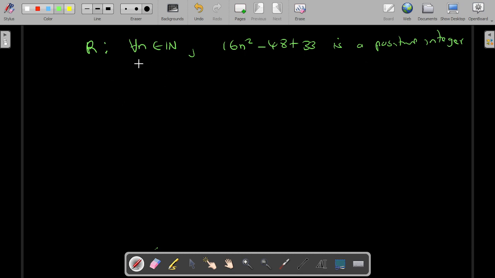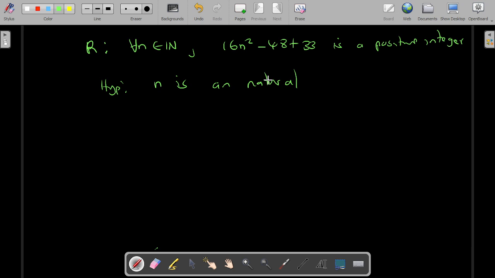Basically what we try to do is we suppose that n is an integer. So our hypothesis is that n is an integer, or rather a natural number. Whenever we are talking about integers, the sum of integers is an integer, the product is an integer, and we basically have all those properties given to us by virtue of us taking n as an integer.